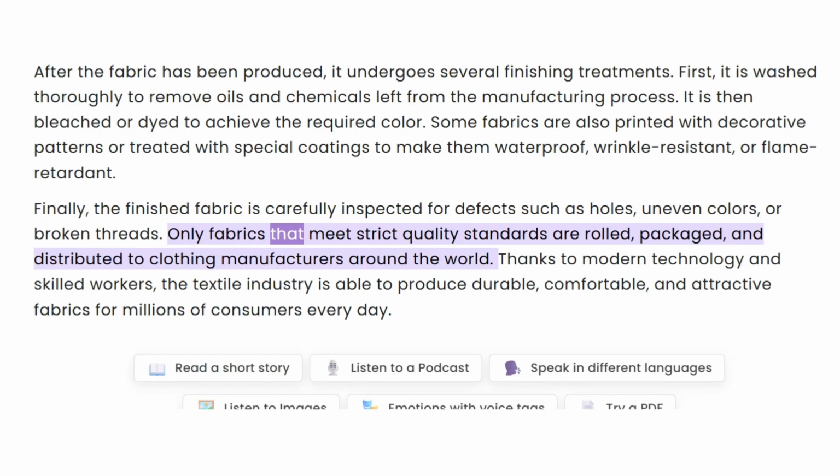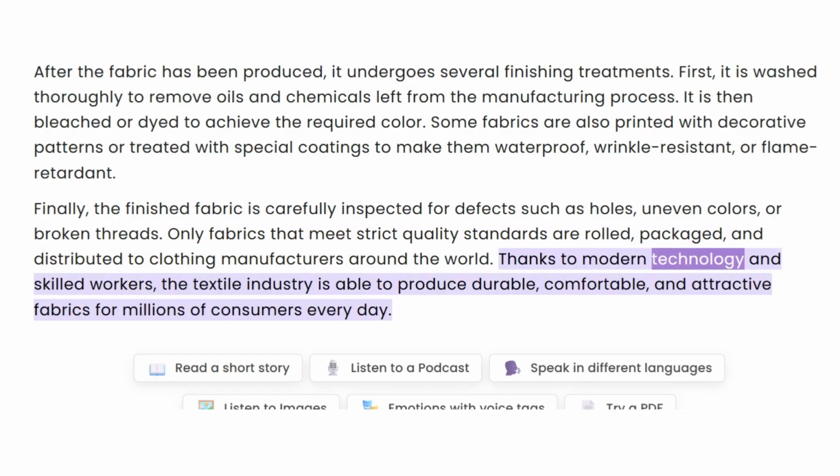Only fabrics that meet strict quality standards are rolled, packaged, and distributed to clothing manufacturers around the world.